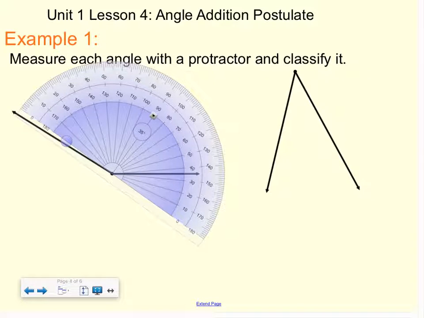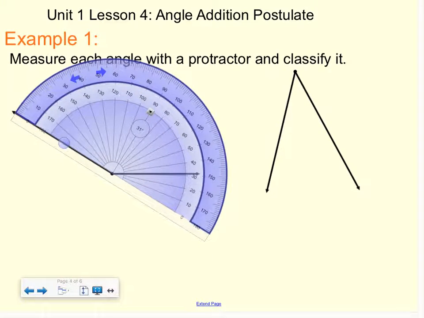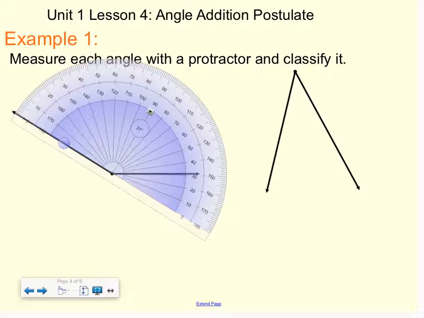Then you rotate this so that you have one edge flush with one of the rays. And then you'll take a look at the other one, and if you need to, extend this on out here. It looks like we'd have something right around there.